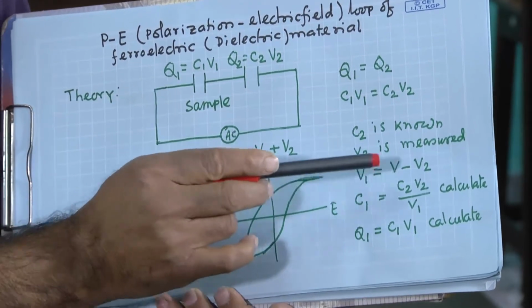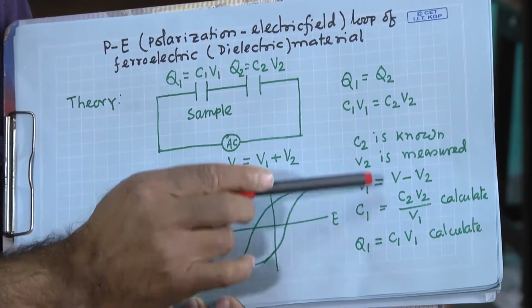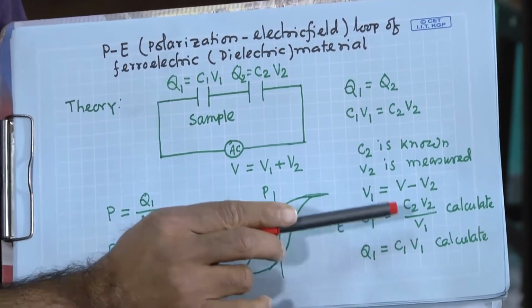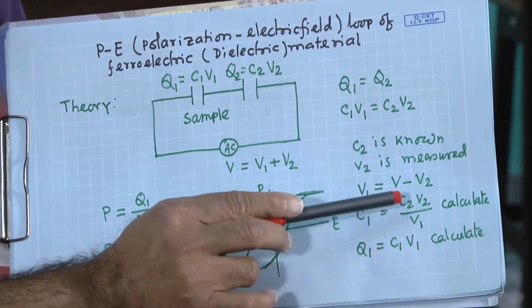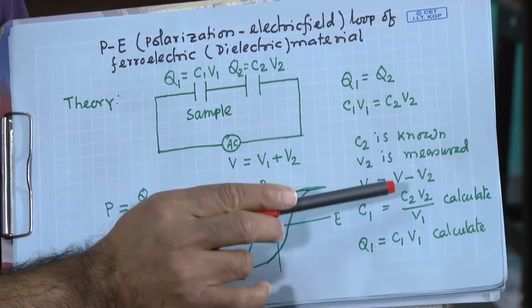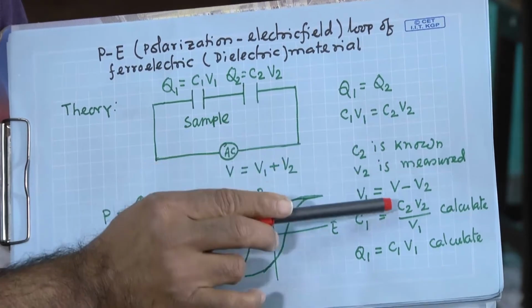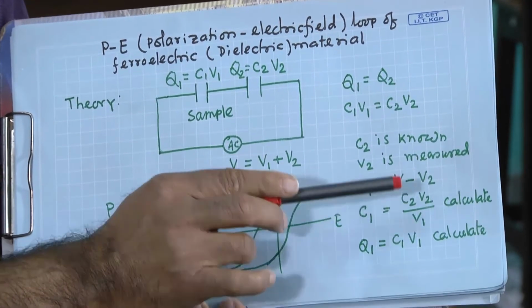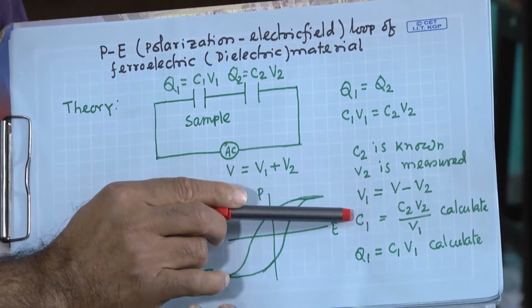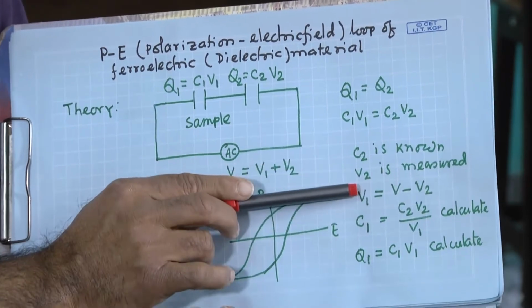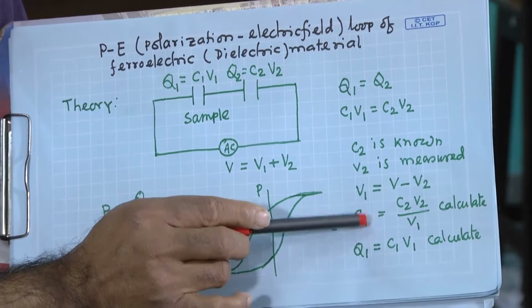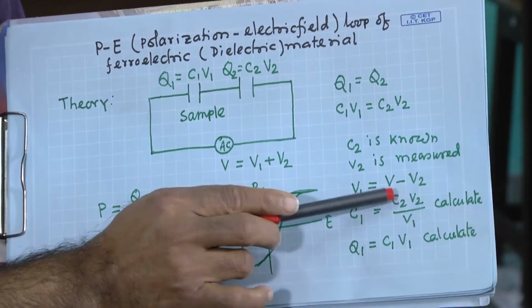So, C1 will be equal to C2 V2 by V1. V2 is measured, C2 is known, and V1 is known from V and V2. So, we can calculate this value C1.